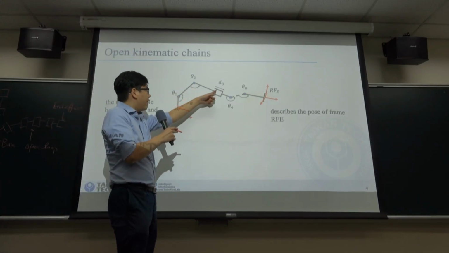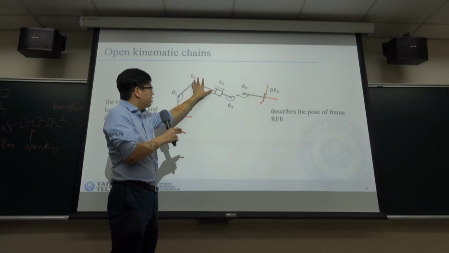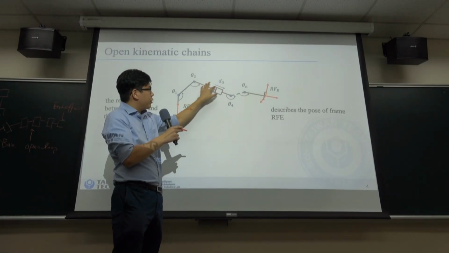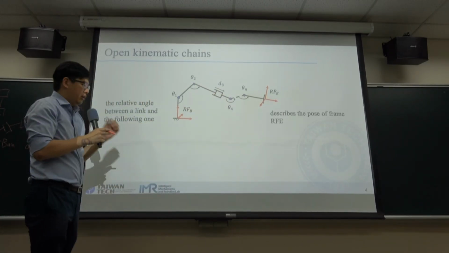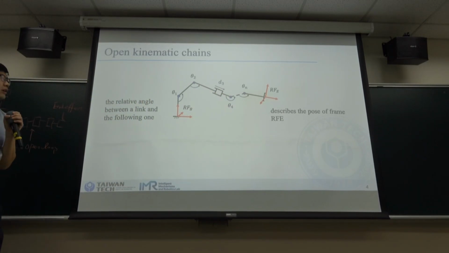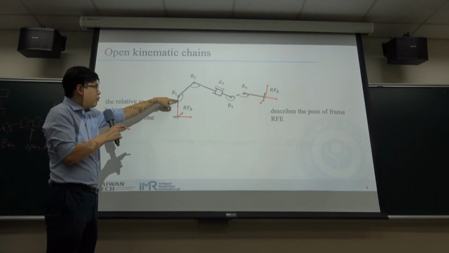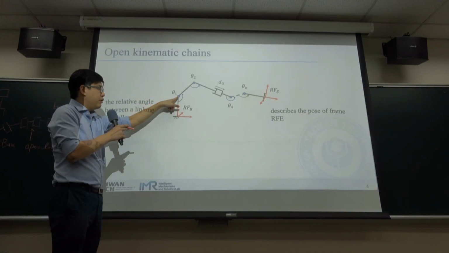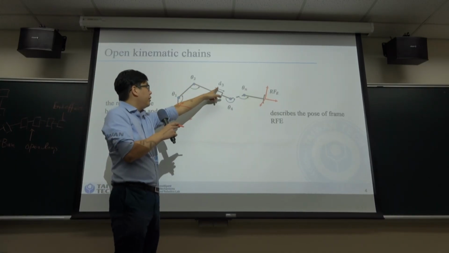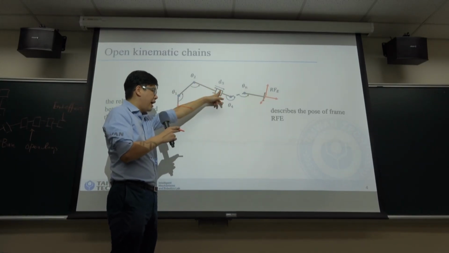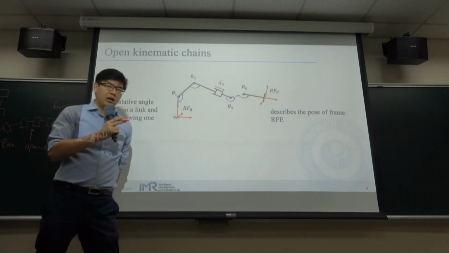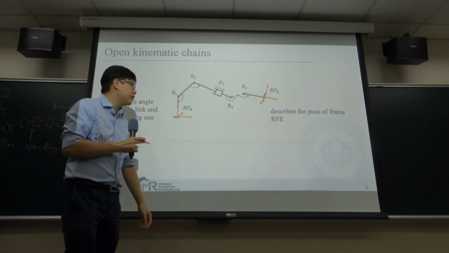If we have a prismatic joint, this is the relative position between the two links. Usually we use theta 1 to describe the revolute joint, and D3 or Di to describe the prismatic joint.